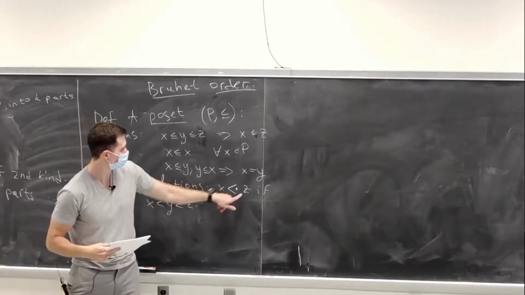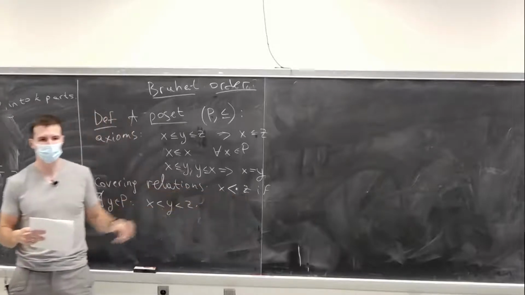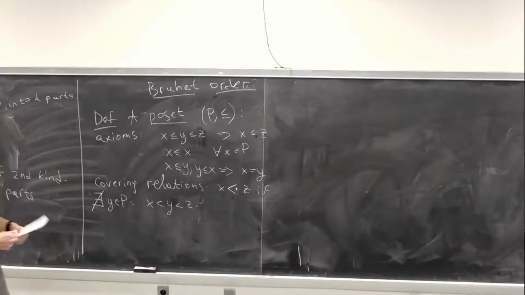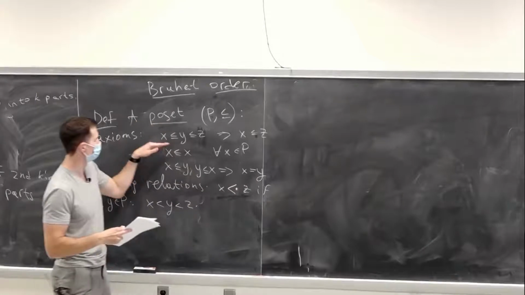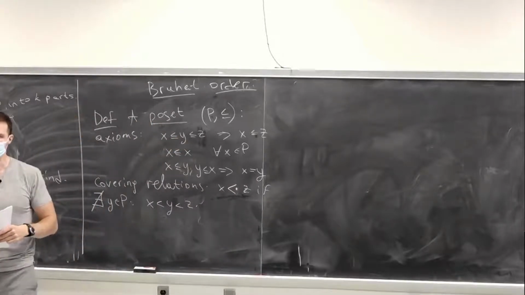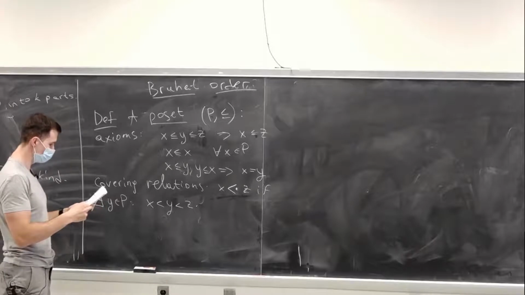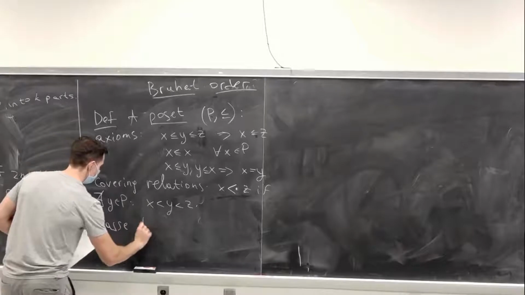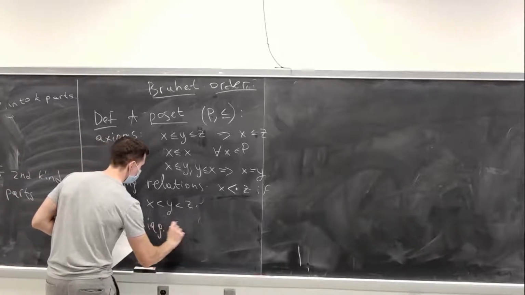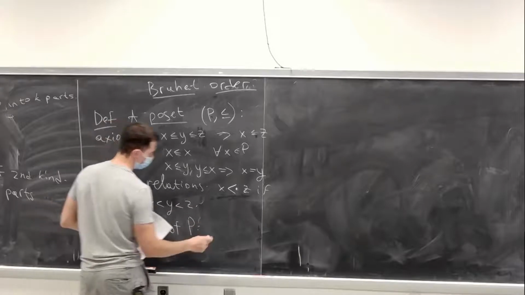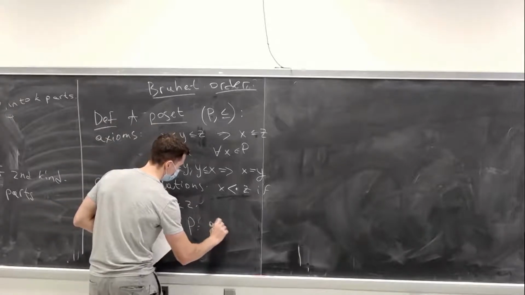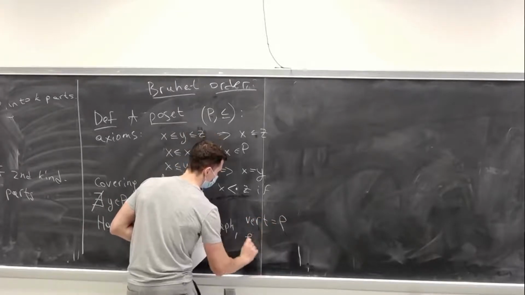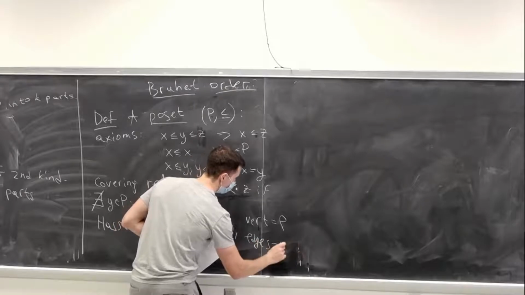If you can't put any element strictly between these two, then you say that z covers x. If you know all of these covering relations, then using transitivity, you can recover the whole poset. So we like to draw posets using these covering relations, and that's called the Hasse diagram. The Hasse diagram of P is just a graph where the vertex set is P, and the edges are the covering relations.